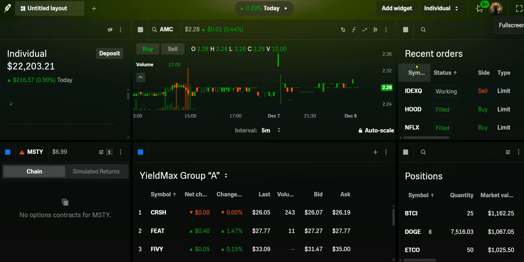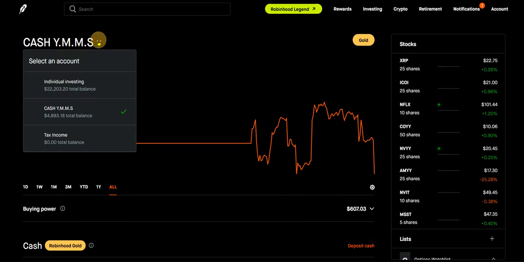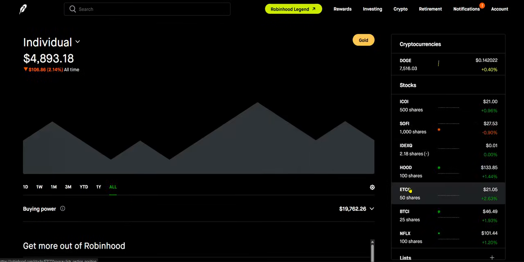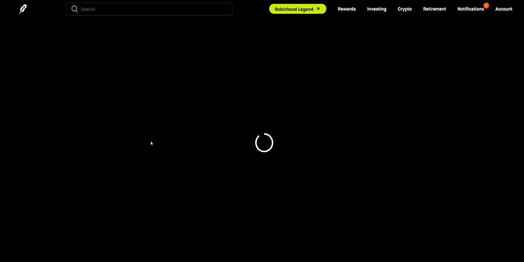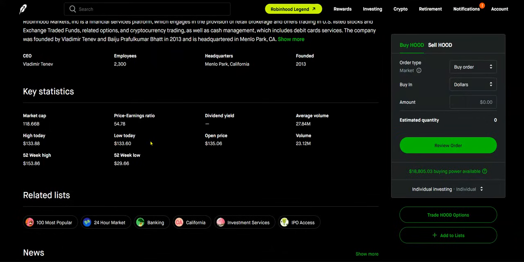How do I get back from Robinhood Legend? Let's just go here. And what am I looking for? Oh, Hood, right? So let's go here and look at Hood, see what their all-time high is. All right. So 52-week, Hood got up to $153.